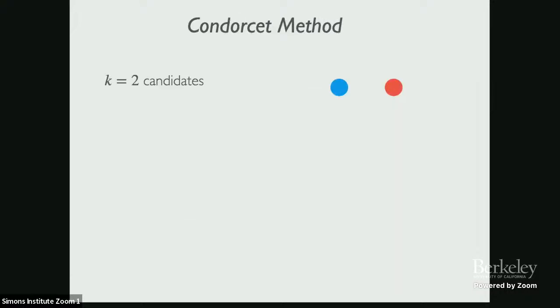And for the next application, let's see why we want to understand the variance, not just that the restricted function is non-constant. This application comes from social choice theory. Suppose we have two candidates, blue and red, and I prefer blue over red. This is me.